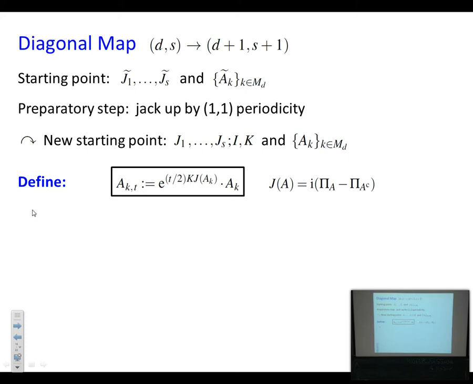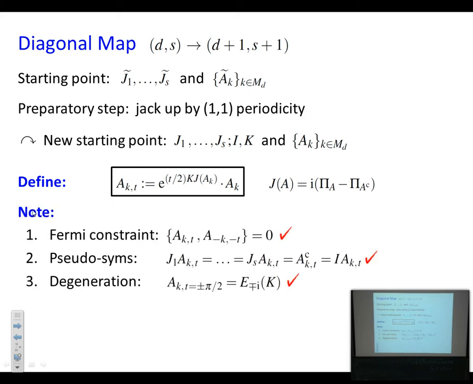So J depends on A. It multiplies by i on subspace A and by minus i on the orthogonal complement. And now you do a little computation and verify that this has all the desired properties. First of all, the variable fiber satisfies this kind of dimension-extended Fermi constraint. That's good.